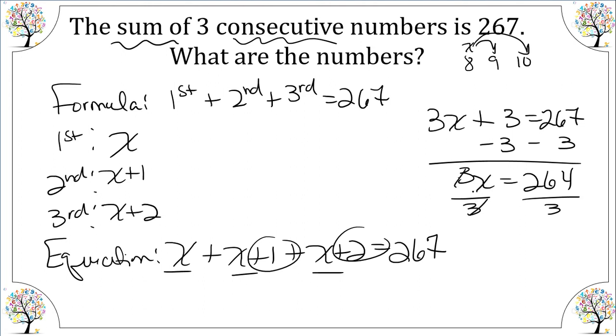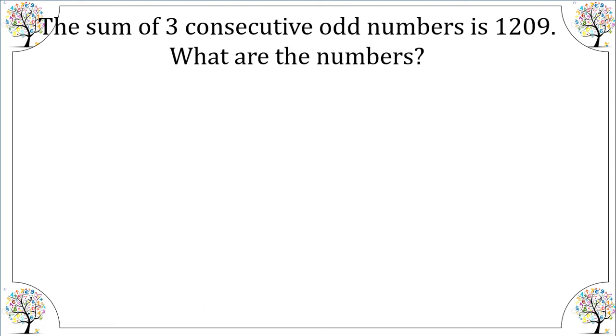Okay, and then when we divide this out, our first number, 264 divided by 3 is 88. So we have 88. 88 plus 1 is 89, and 88 plus 2 is 90. So these are our 3 consecutive numbers.